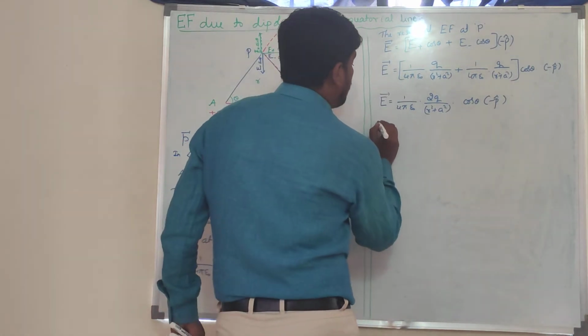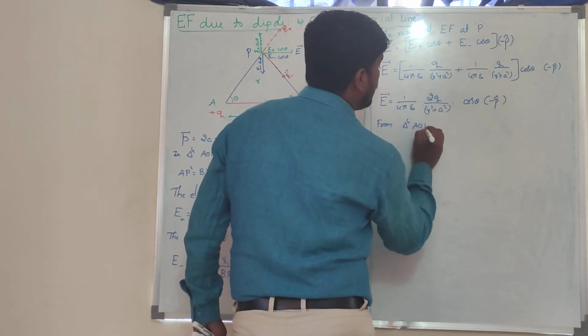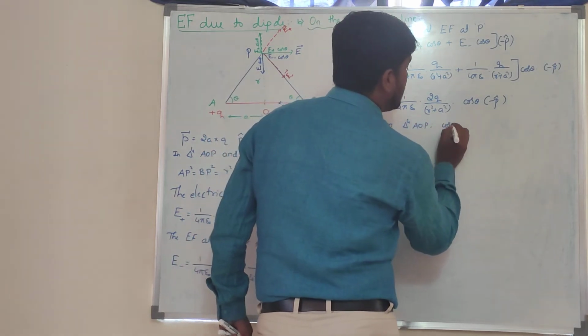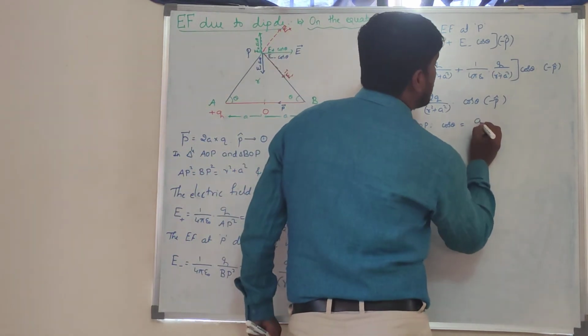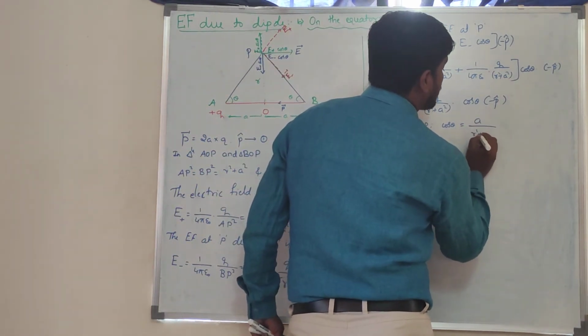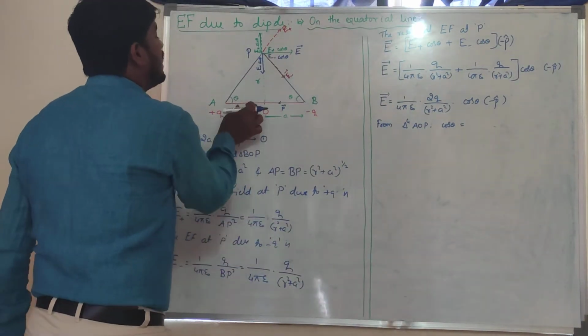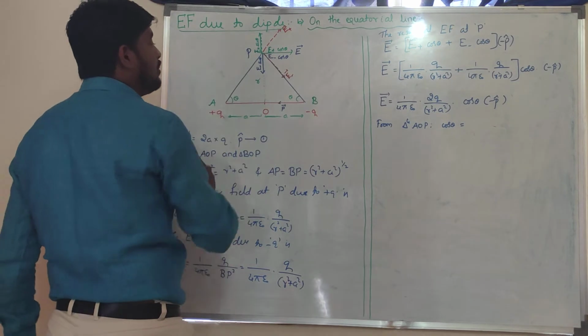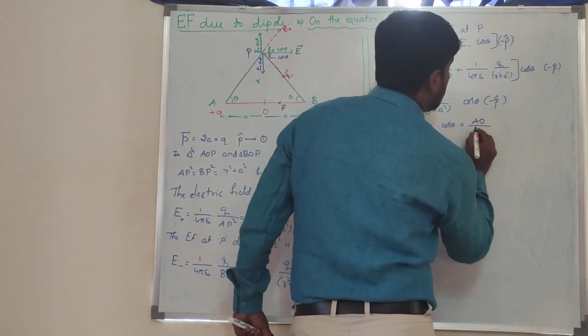Then from triangle AOP, just simply defining cos theta. What is cos theta here? Adjacent by hypotenuse, that is AO divided by AP.